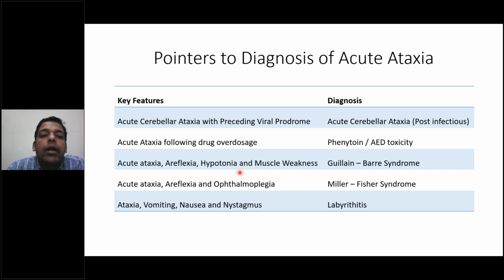And acute ataxia, if associated with vomiting, nausea, and nystagmus, goes towards labyrinthitis. So these are some common pointers that we need to include in our history and examination in order to be able to have a better differential diagnosis for ataxia.